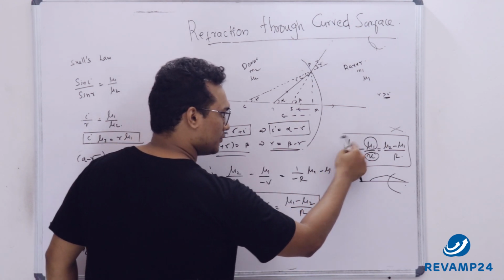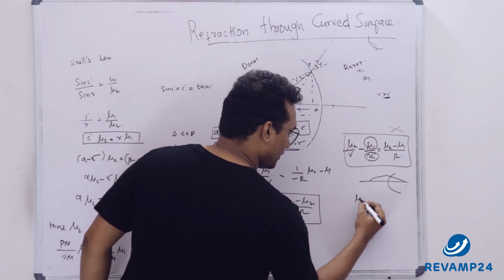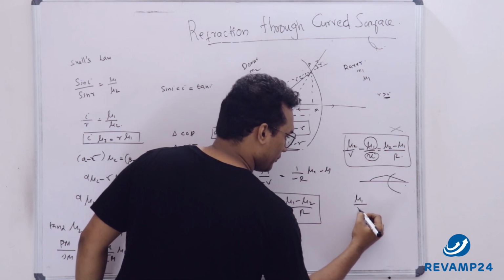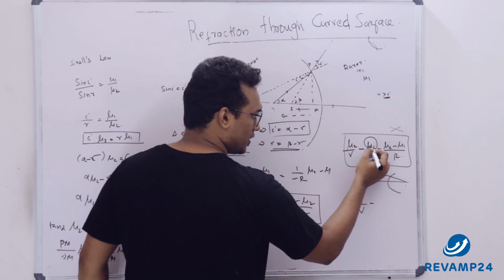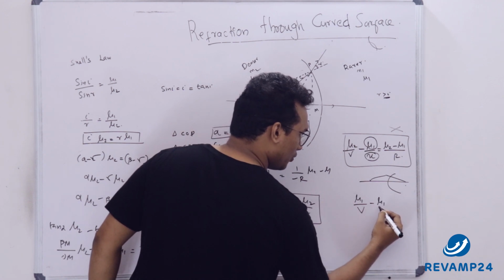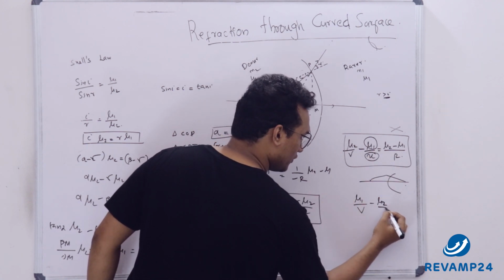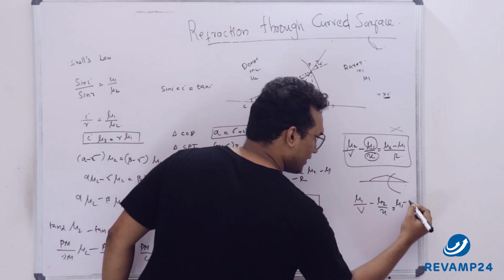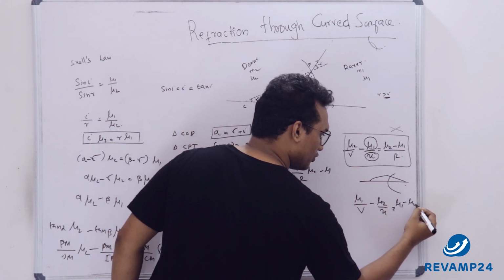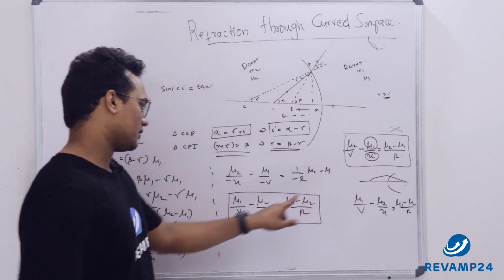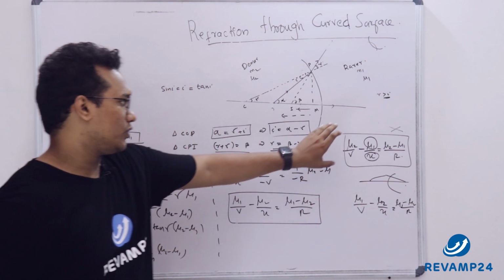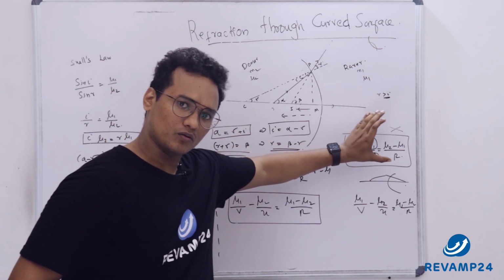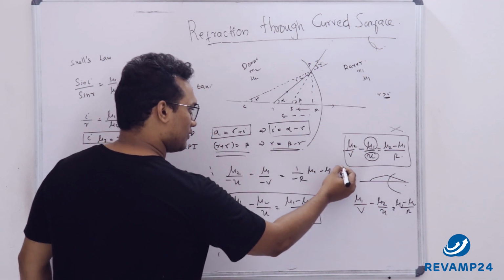So if I am replacing mu 2 with mu 1, the equation would be mu 1 by V minus mu 2 divided by U is equal to mu 1 minus mu 2 divided by R, which is this equation.